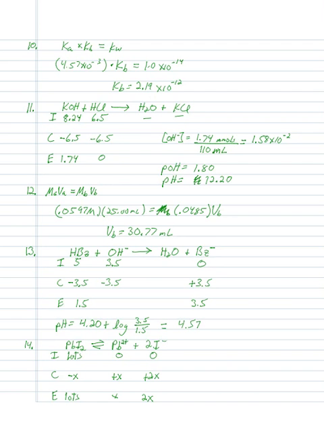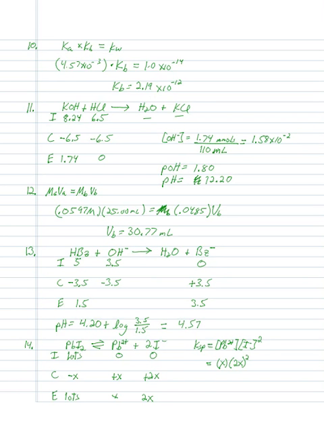Okay, so we're going to plug that into our Ksp. So Ksp is going to be equal to the concentration of the lead ion times the concentration of the I minus ion, and that's going to be squared. So that's equal to X times 2X, and that 2X is squared.